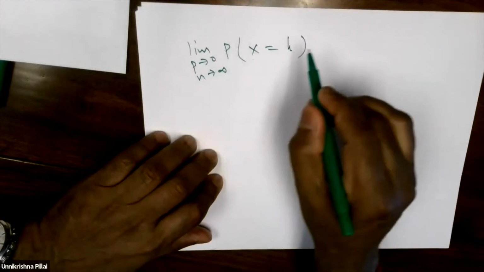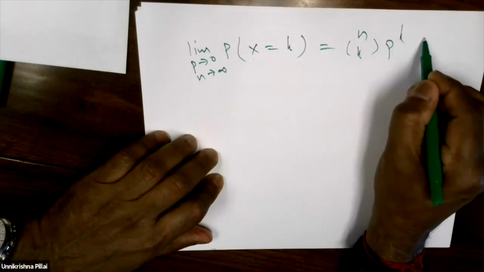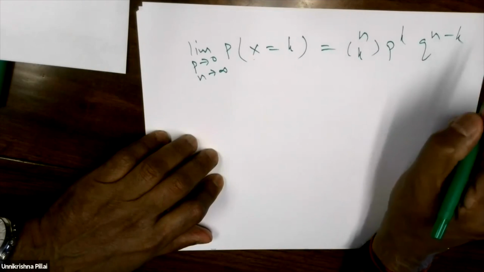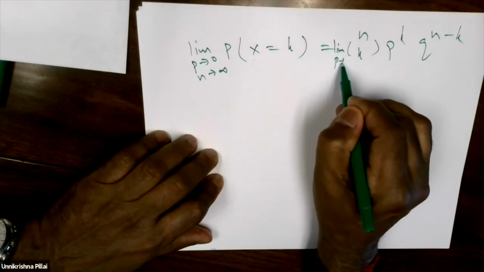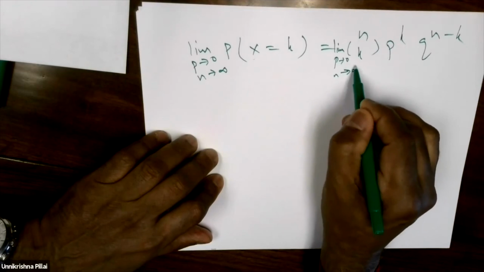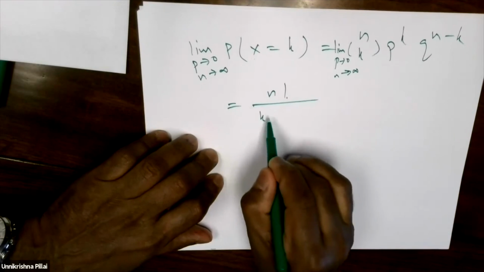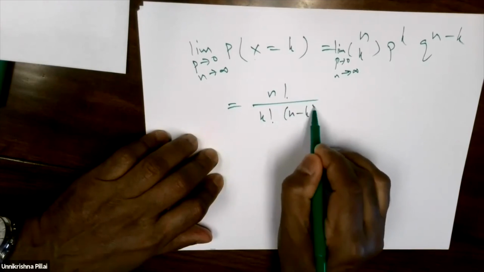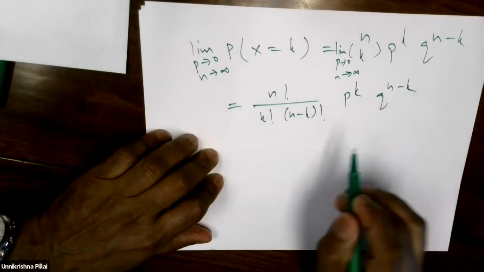So the probability of this is n choose k, p to the power k, q to the power n minus k. Again, we want to analyze this limit, p tends to 0, n goes to infinity. I'm going to expand this. This is n factorial divided by k factorial, n minus k factorial, p to the power k, q to the power n minus k.